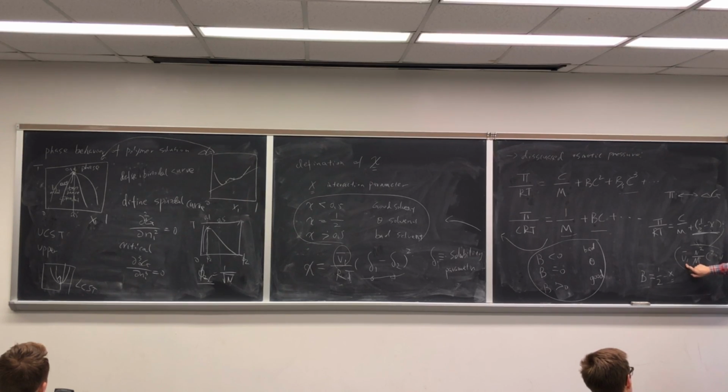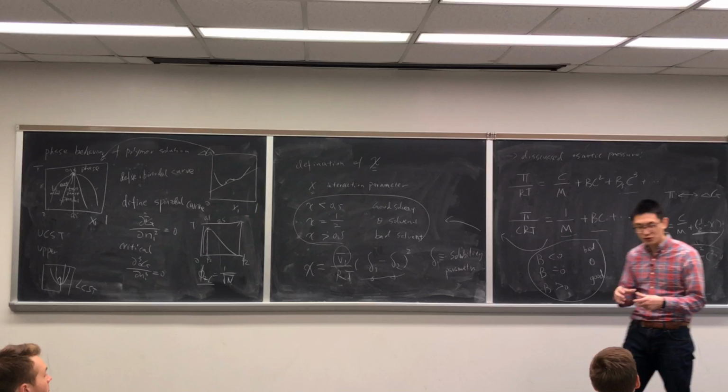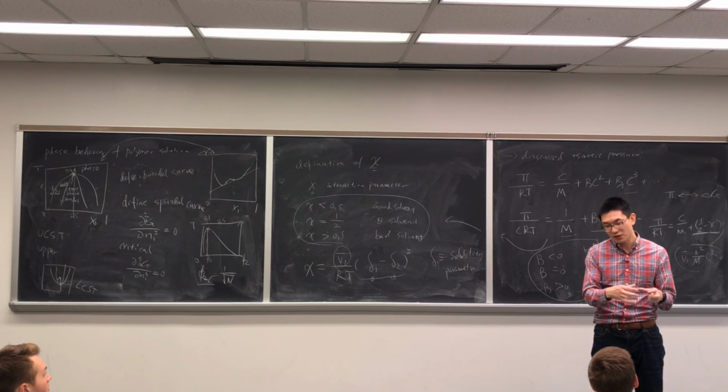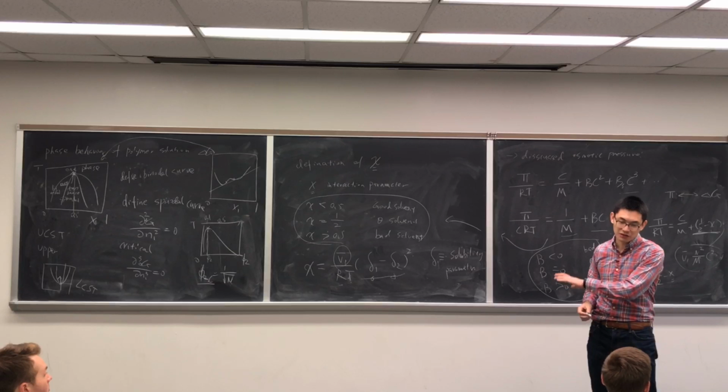V1 or molar volume, it's basically just a general term. It's unit volume of solvent, or per lattice site. You can think about it as an abstract term. It just happens to be the same volume one solvent occupies. In reality, some solvents occupy a bit more, some occupy a little bit less. That's one of the limitations of this Flory-Huggins theory.